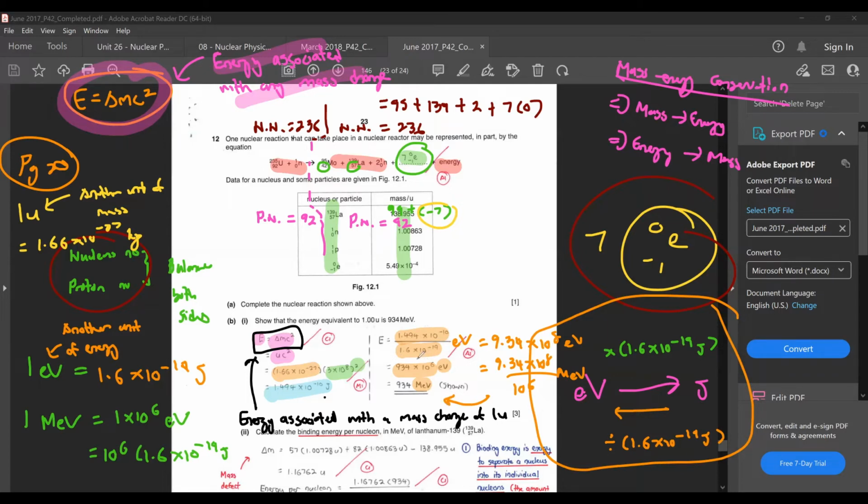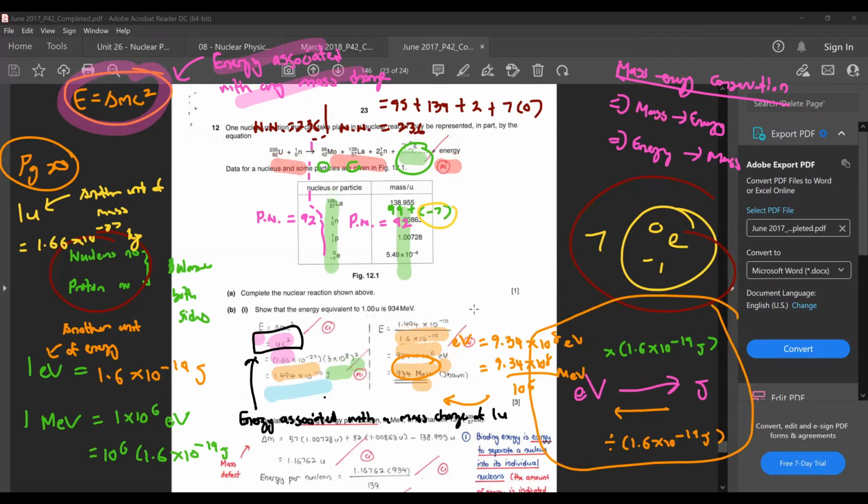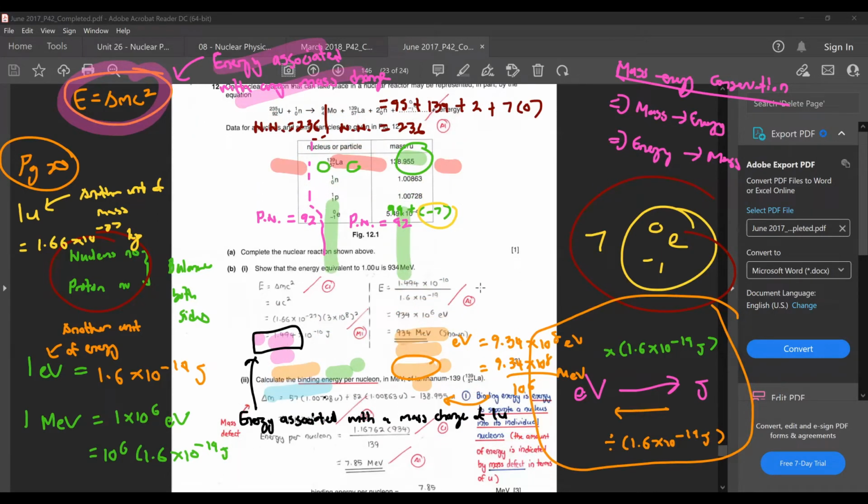It's just that in my case, I actually just straight away put it in terms of 10 power 6 already, so that I can easily just convert it. Okay, you can also do the one on the right, doesn't matter. It's just a matter of your preference. So this is the energy associated with a mass change of 1 u. All right, this one so far so good.